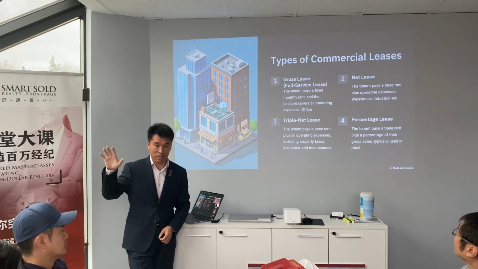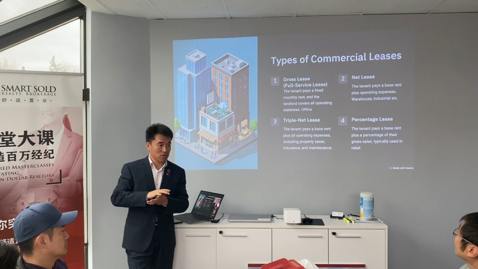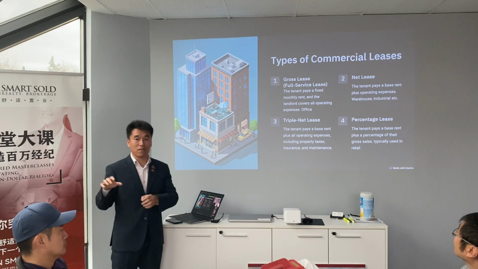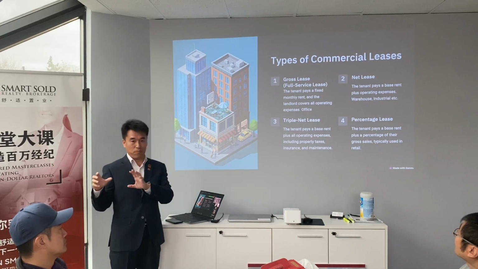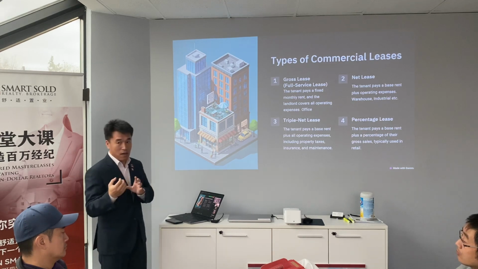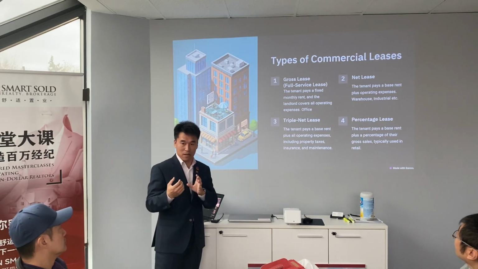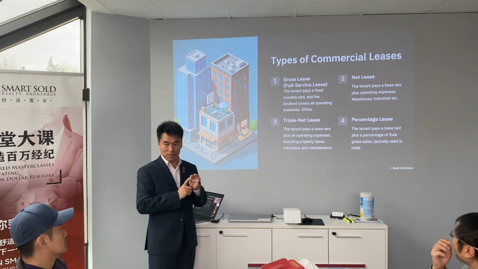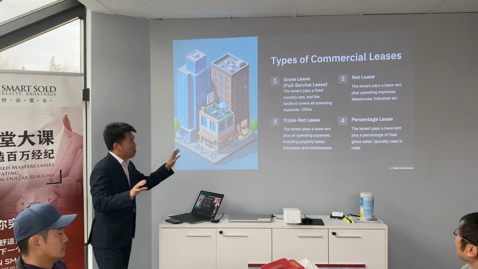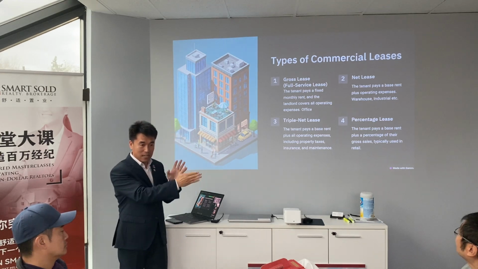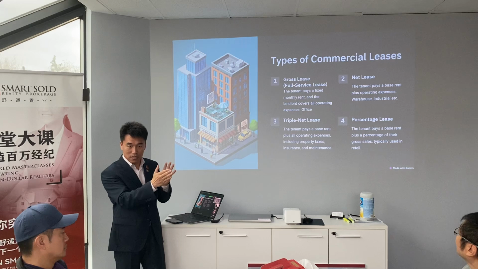Everything means rental, TMI, utilities, pretty much. Definitely the landlord still needs to cover some things, like repairs, sometimes not covered. And the landlord's own expenses, for example lawyer and accounting expenses, are definitely not covered. So in between gross lease and triple net, there is a net lease and a double net lease.